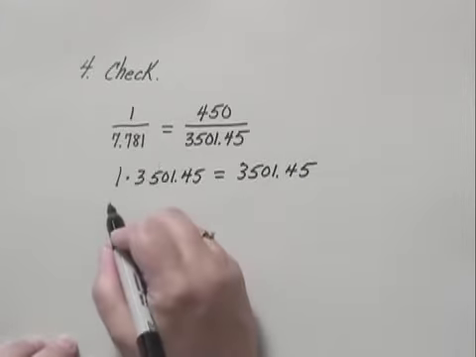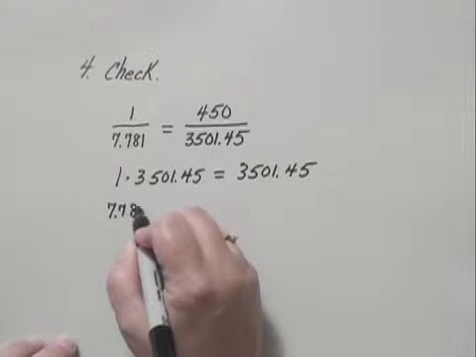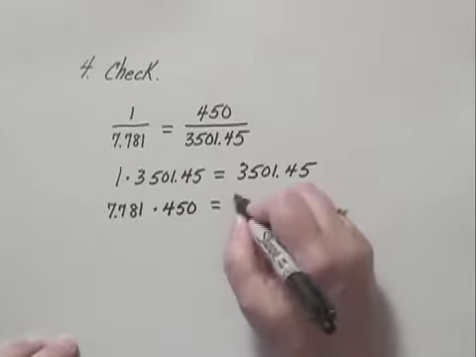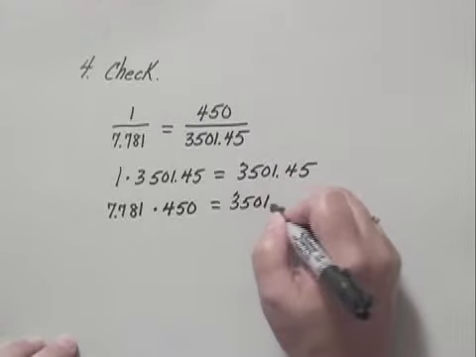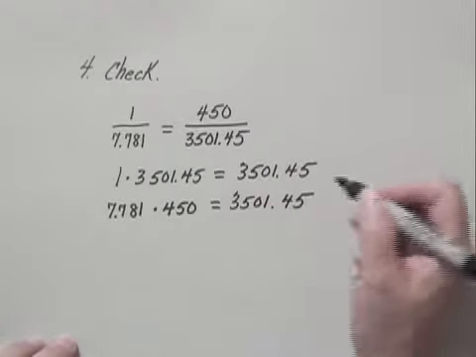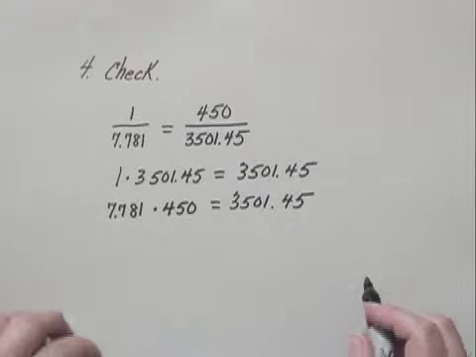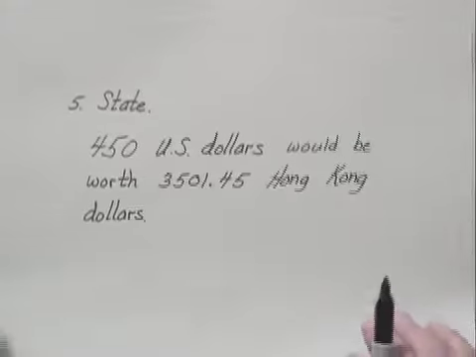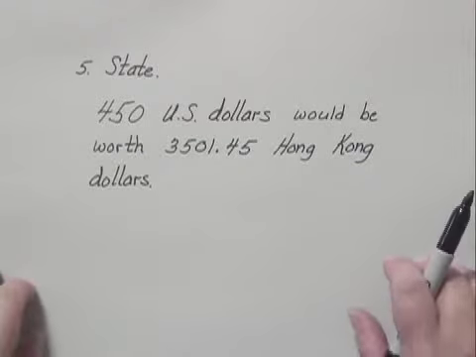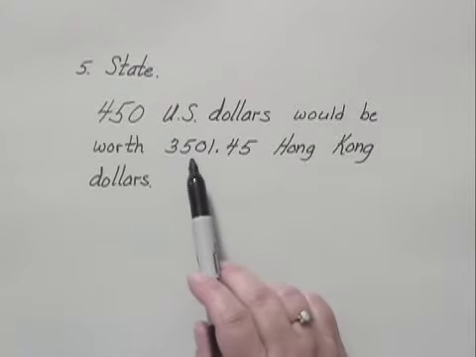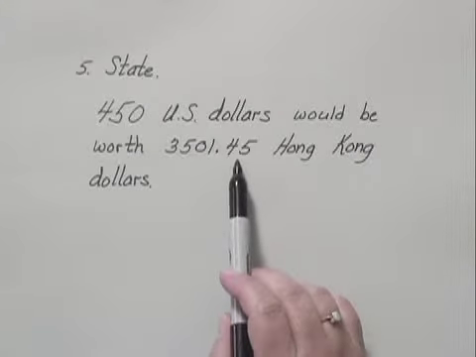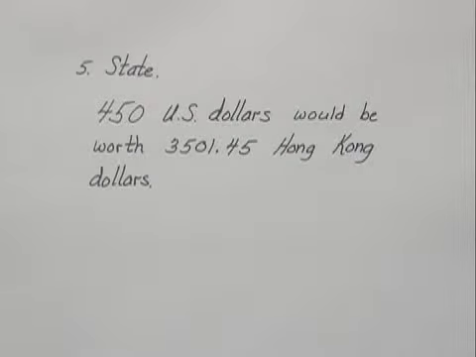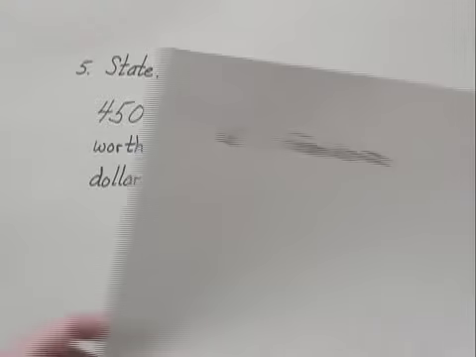And 7.781 times 450 is also 3,501.45. The cross products are the same, so the answer checks, and we state the answer to Part A, that 450 US dollars would be worth 3,501.45 Hong Kong dollars.